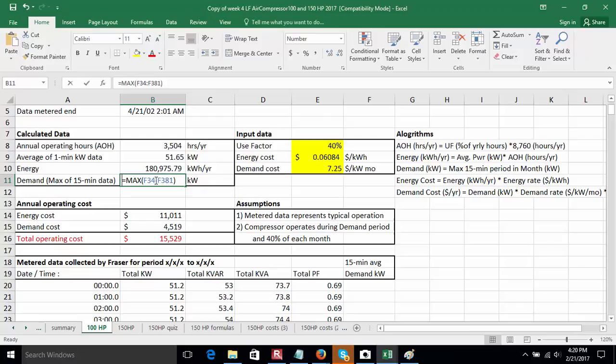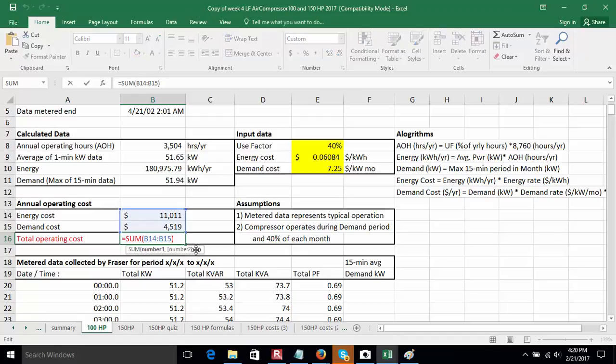Demand is the max of all of those. As it turns out, you're right around 52 kilowatts. So for this one, your energy cost, and again, these are old numbers, is energy times dollars per kilowatt hour. Your demand cost, again, is that power times the price.